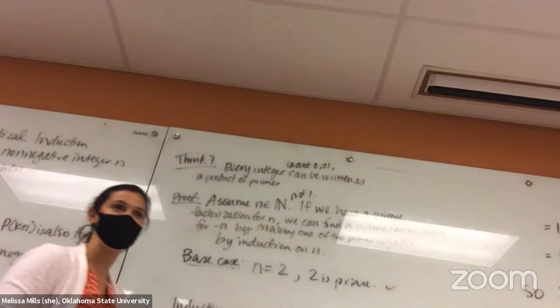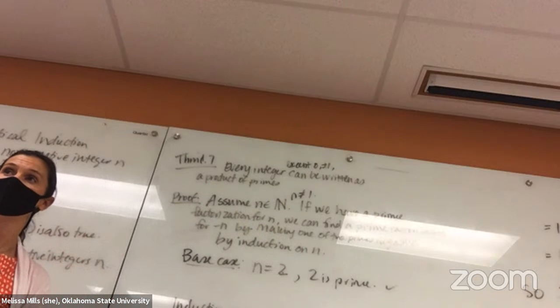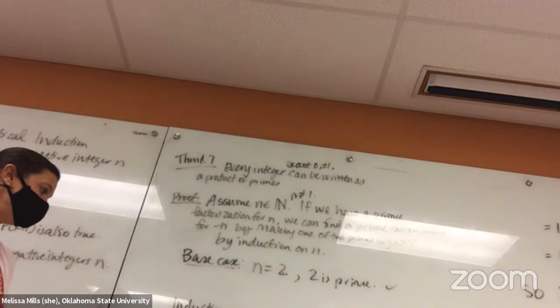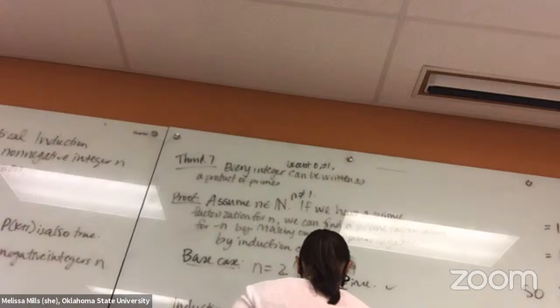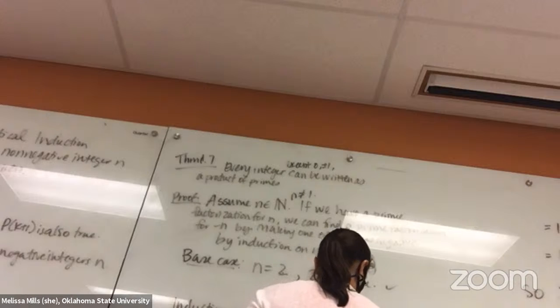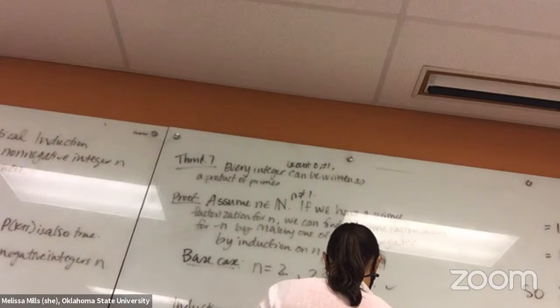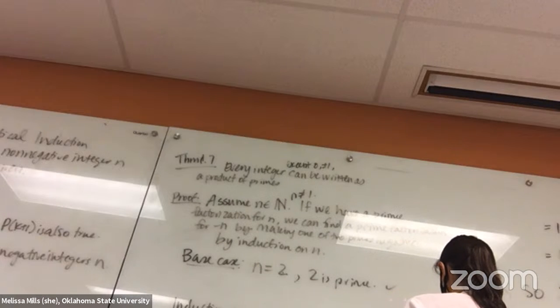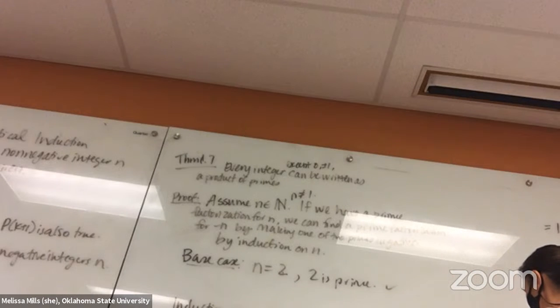What's the word for a not prime number? It's composite, right? So if n plus 1 is not prime, then n plus 1 is equal to k1 times k2 for some k1, k2 less than or equal to n.